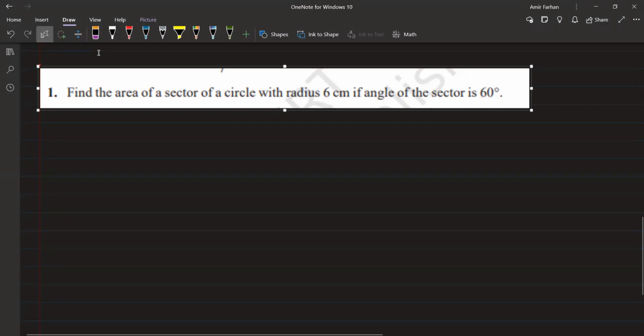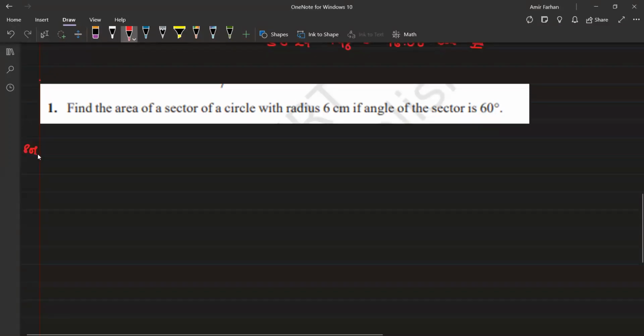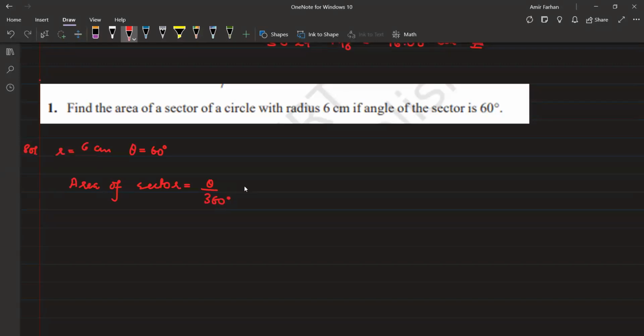132 by 7. Okay, let's calculate. Radius is given as 6 centimeter. Theta is given as 60. So we need to find the area of the sector. Simple formula: area of sector is theta by 360 into pi r square.